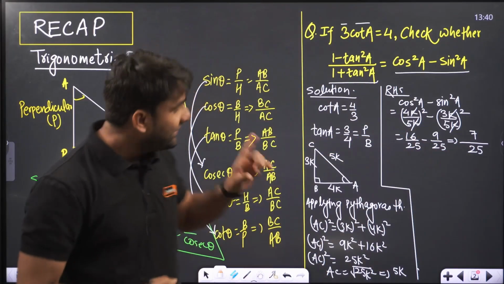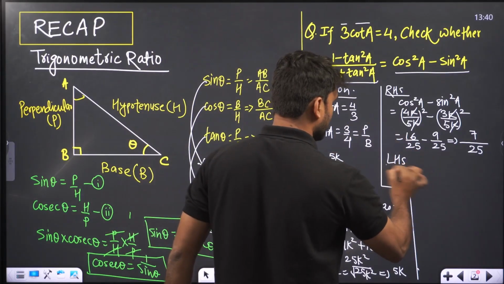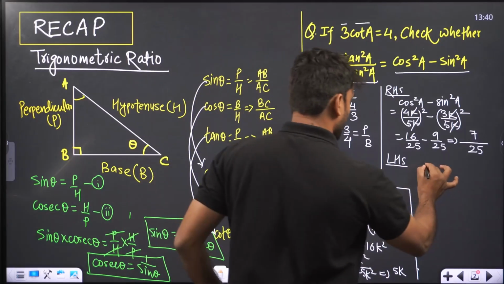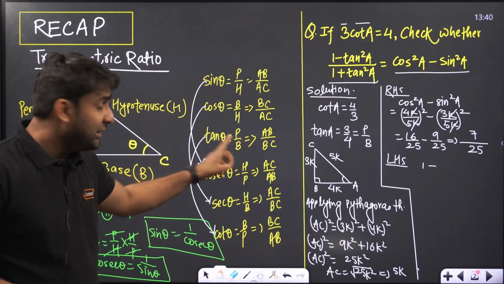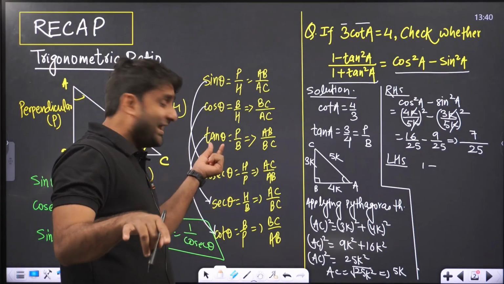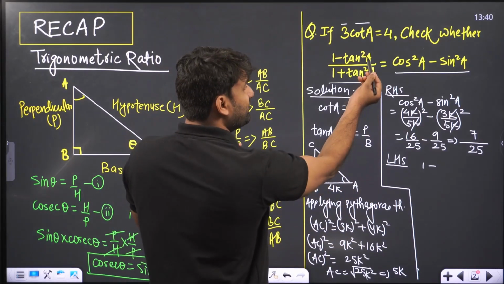Now let's solve LHS and check whether both are equal or not. So LHS is 1 minus tan square A divided by 1 plus tan square A. What is tan? Tan is equal to perpendicular by base. Tan decides the ratio, but the angle decides where the base, hypotenuse and perpendicular will be.